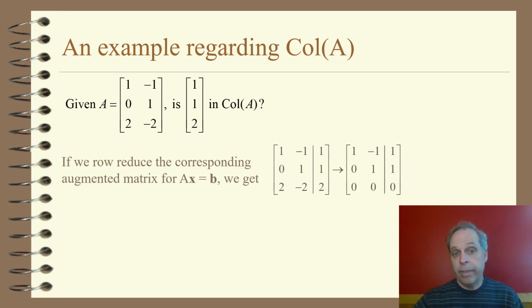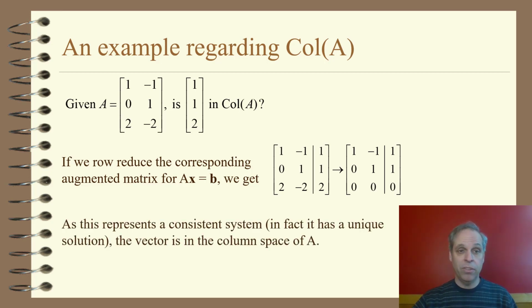That's easily done by creating the augmented matrix for the corresponding system Ax = this vector and row reducing it. Notice when you row reduce it, the corresponding system is consistent because there's no leading entry in the last column. So the answer is yes, this vector is in the column space.